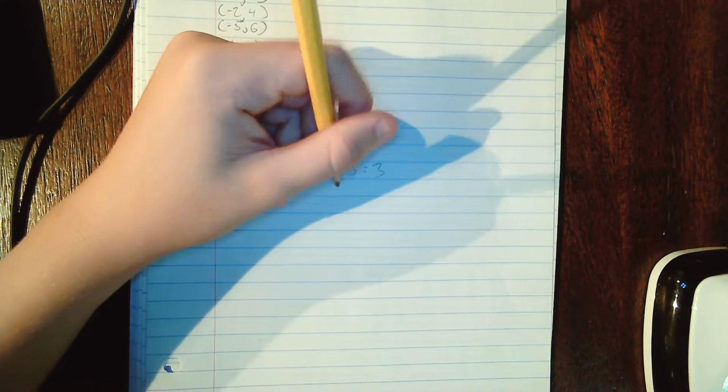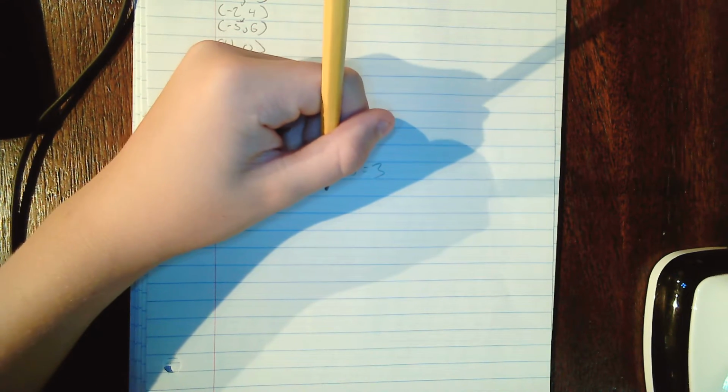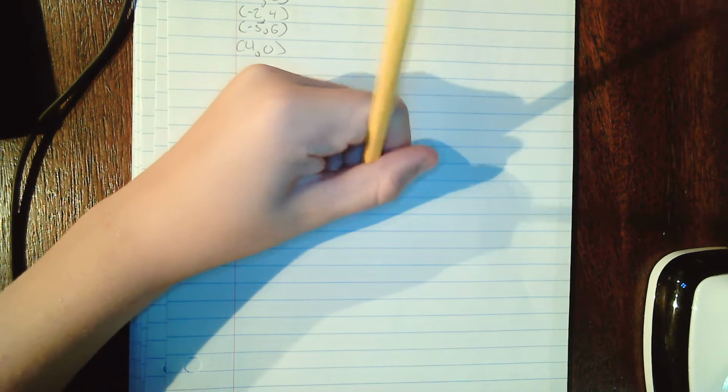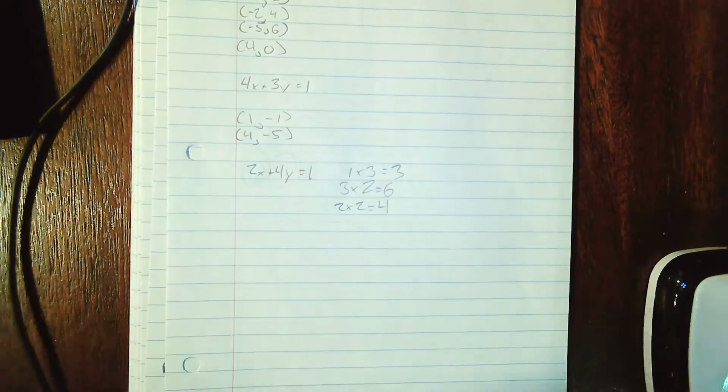If we have an odd times an even, let's say 3 times 2, it's always going to be an even number. And an even times an even is going to be an even number.